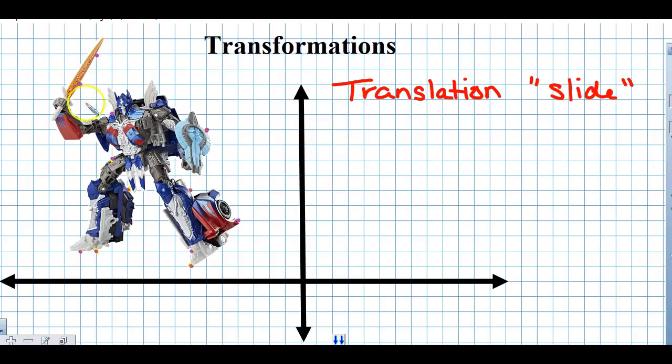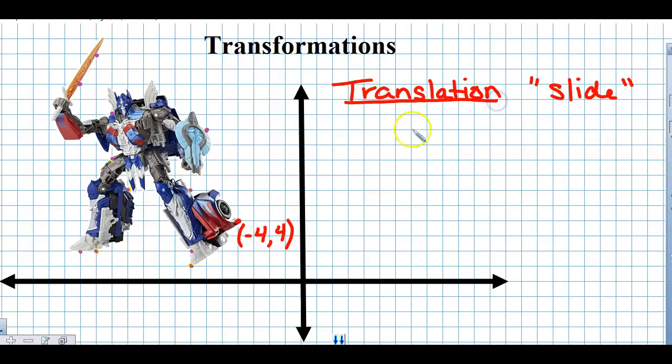If you notice, I have some random points that Optimus Prime lies exactly on. So for example, this point right here, the end of his foot is at -4, 4. What we're going to do is translate Optimus Prime just to see how this looks and what happens.